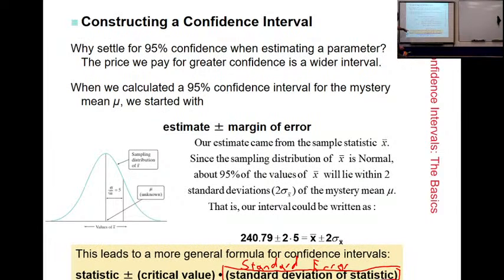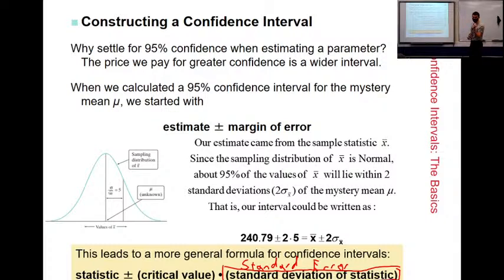We're going to use some critical value, and we're going to have the standard deviation of the statistic. This is going to give us some specified distance away based on two factors: what the distribution looks like and what our confidence level is.